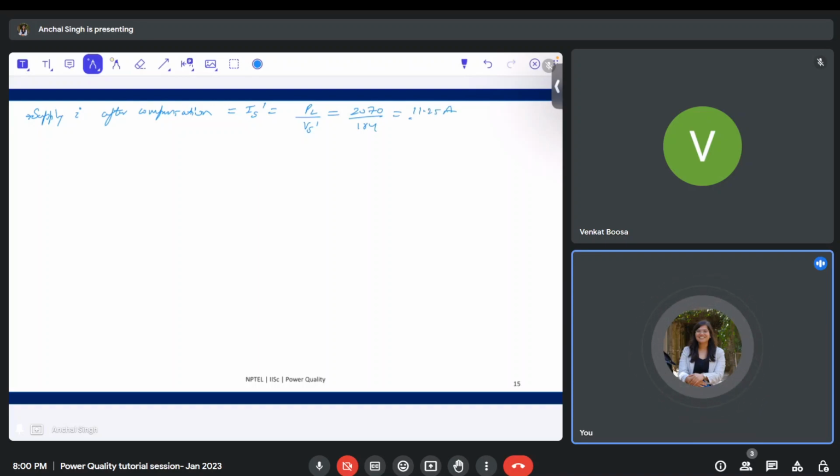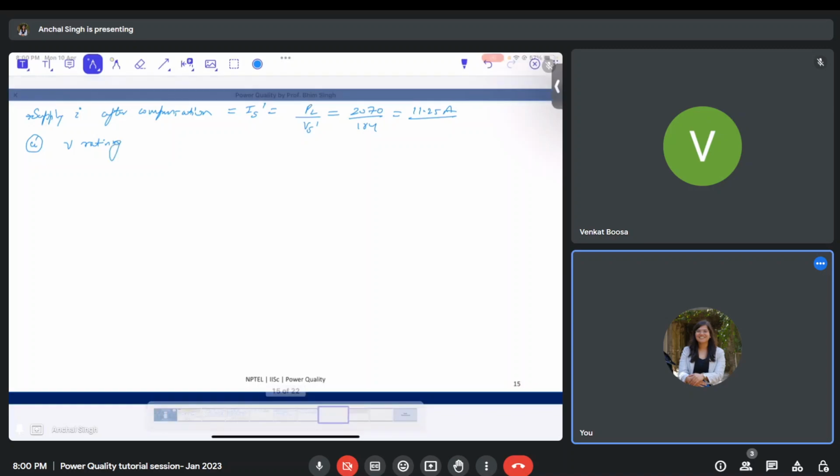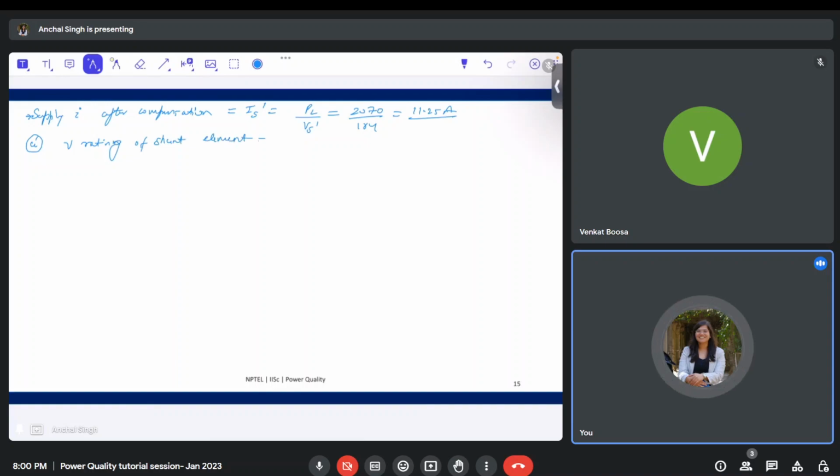Now we have to calculate the voltage rating of the shunt element, which will be equal to VFSH, equal to 230 volts, which is given in the question.